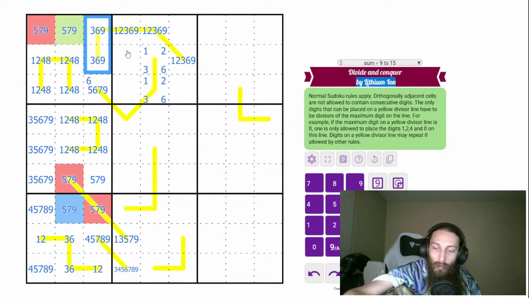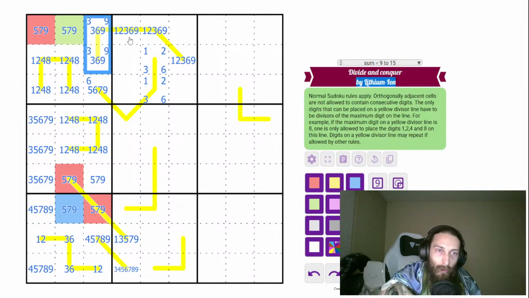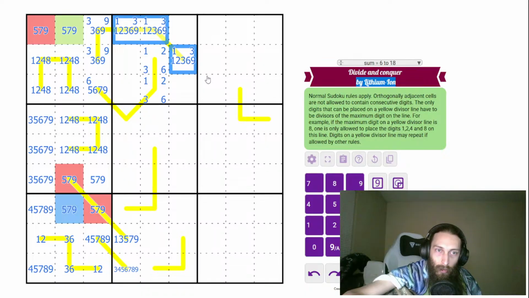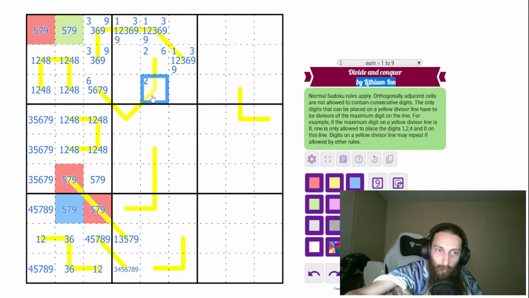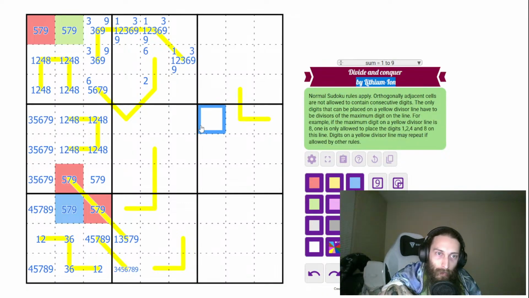But this would be 3, 9, and so you would have 1, 3, and 9 here. 1, 3, and 9 means this is not 1 or 3, so then we'd have to have 2 and 6. Like that. So that's allowed.